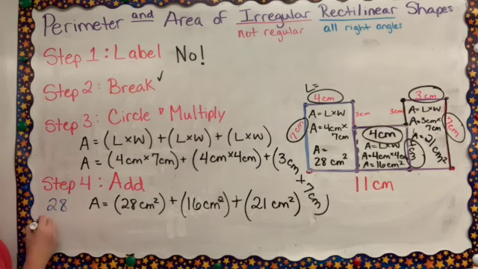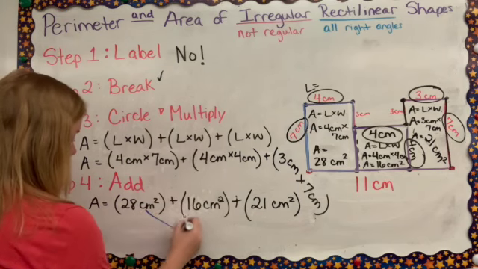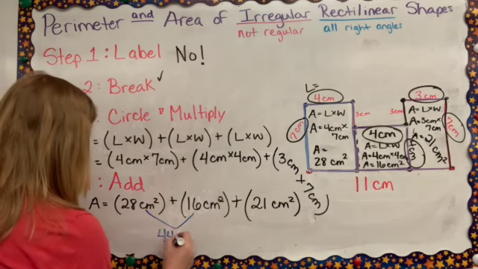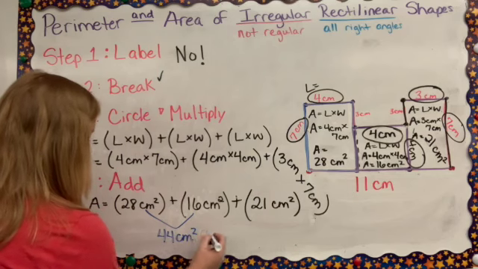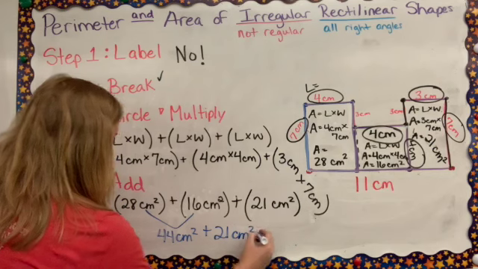So I'm going to go 28 plus 16. 8 plus 6, 14. Carry my 1. 1 plus 2 is 3, plus 1 more is 4. So this together equals 44 centimeters square. I still need to add my 21 centimeters square.